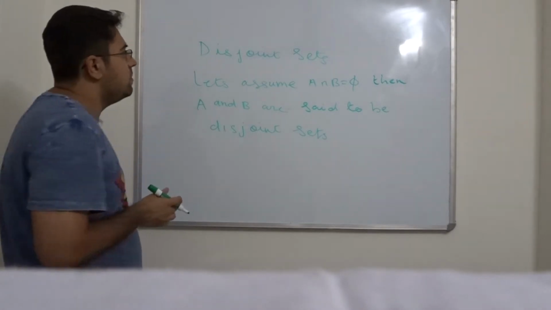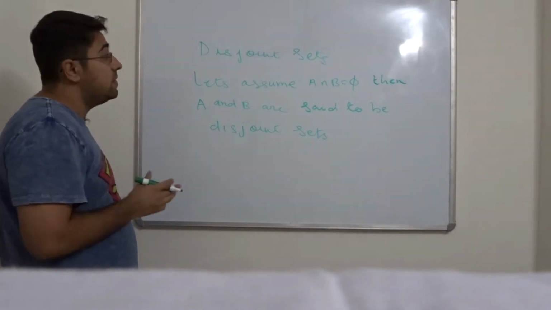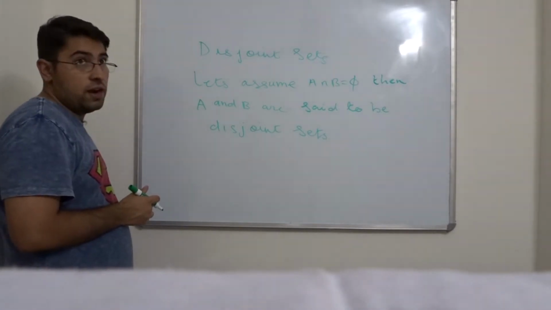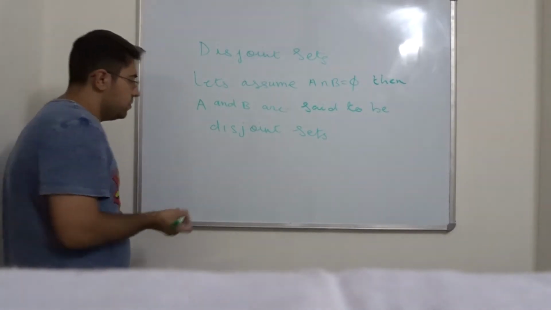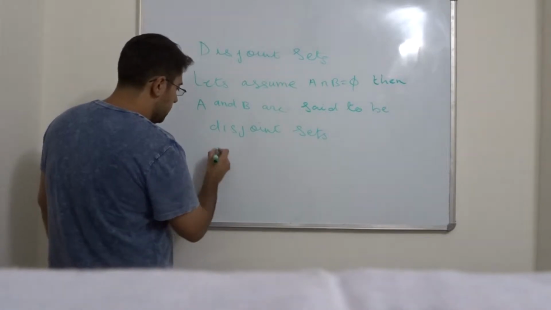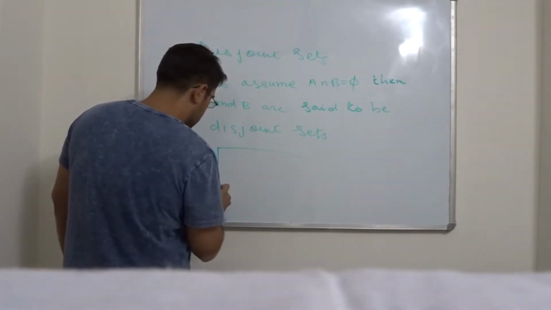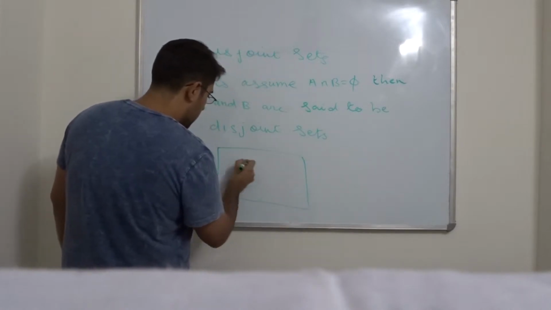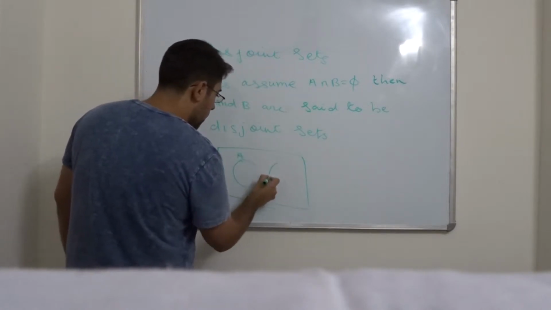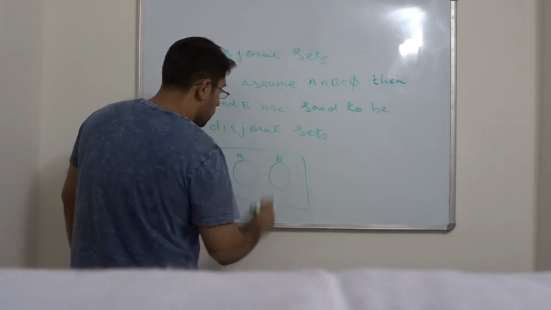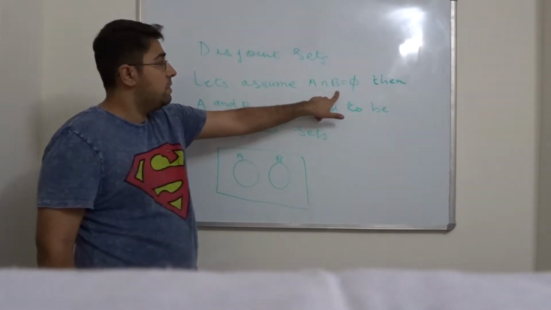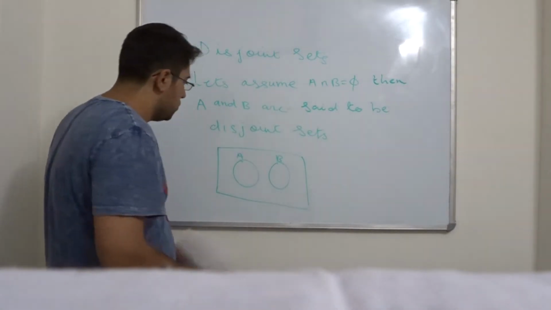So what does this really mean? This really means, guys, that these two sets are disjoint. Say you have set A and you have set B. What do you really see? Because A intersection B is a null set, what does this show you?